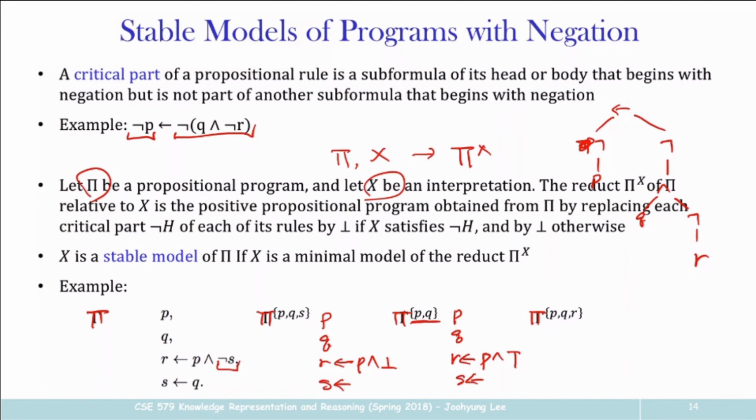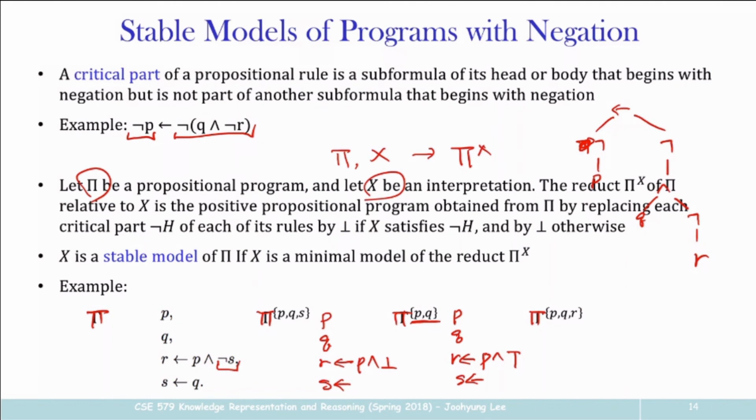This is somewhat too much, right? So let me just recap the steps. What you want to do is check whether the interpretation X that you are given is a stable model of pi. Remember the input to your decision procedure: the program and the interpretation. The output is saying whether this interpretation is a stable model or not, yes or no. So how do you do it?